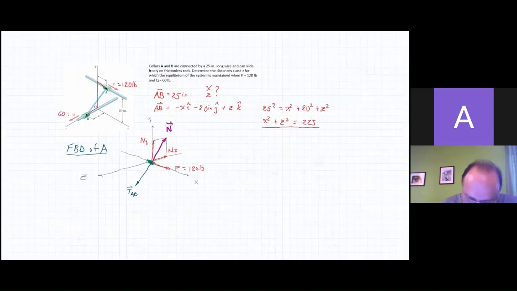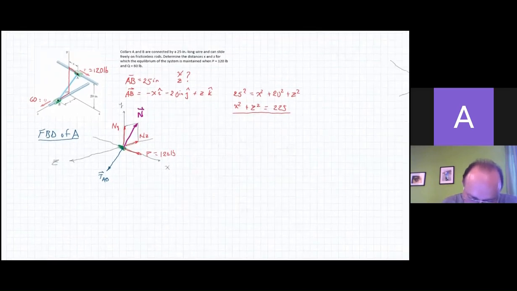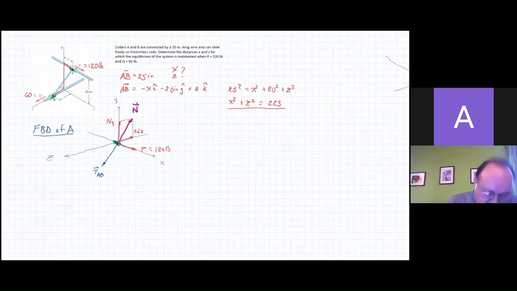So let's see if we can write down all the forces in rectangular components, so we can write the equations. First, we have the P force. The P force in rectangular components is just a force in the x direction, so just 120 pounds i.